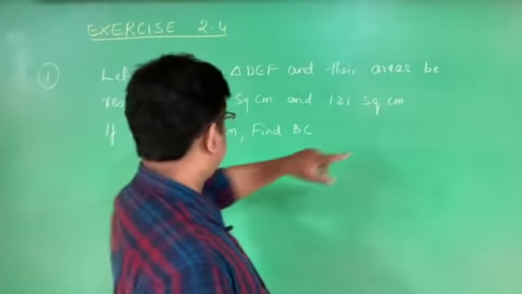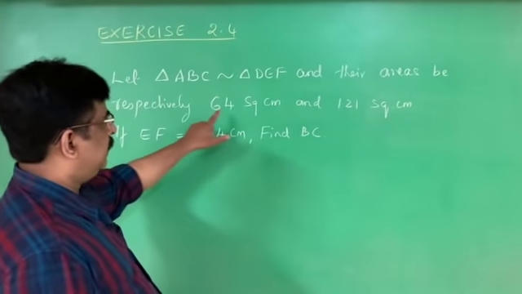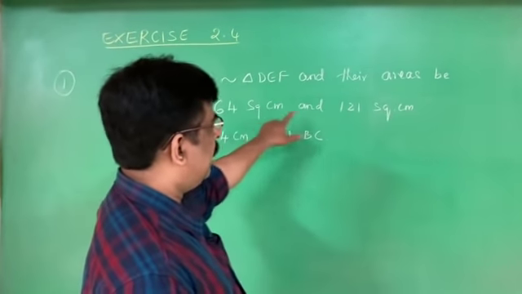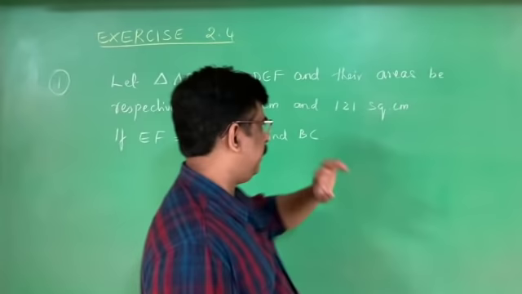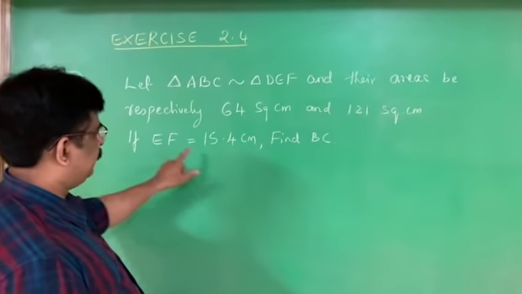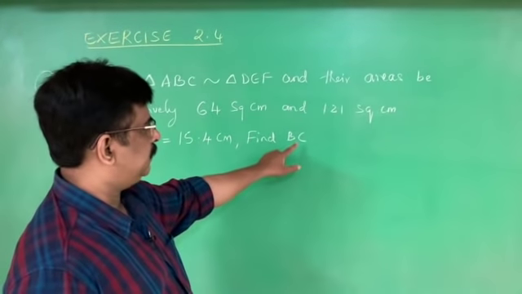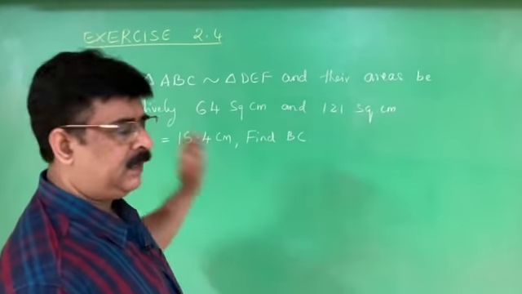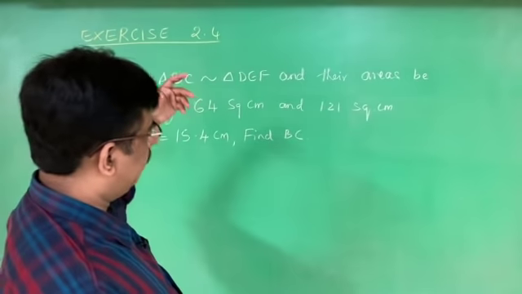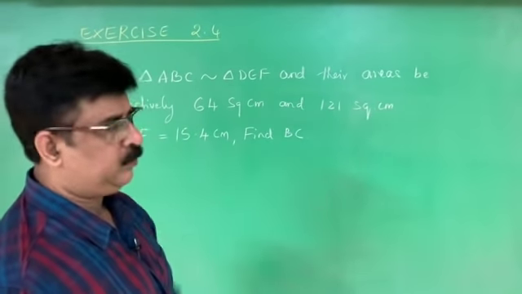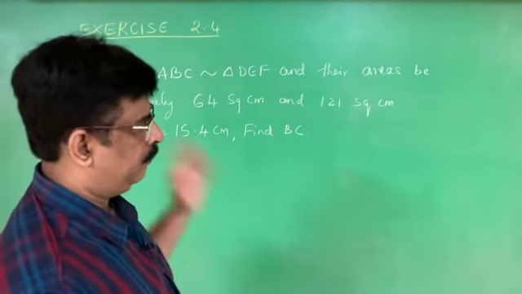And their areas are respectively 64 square centimeter and 121 square centimeter. If EF is equal to 15.4 centimeter, find BC. Very simple problem. You can draw the diagram, or you can solve it without a diagram also.